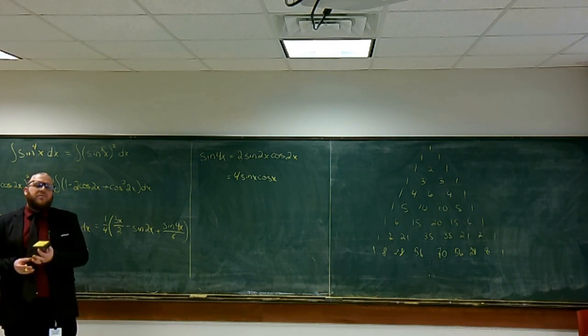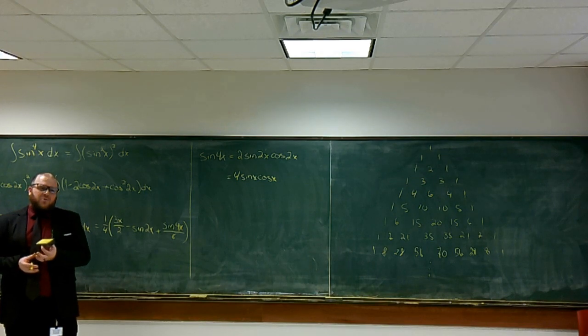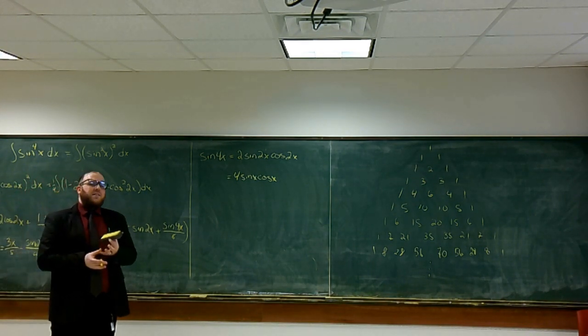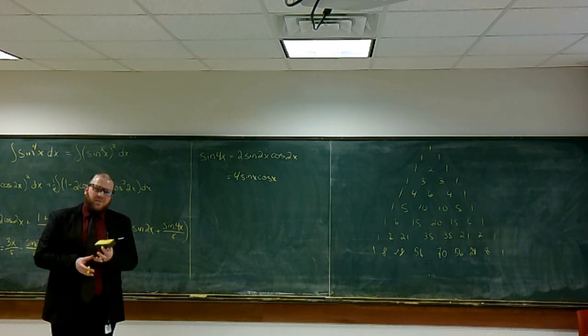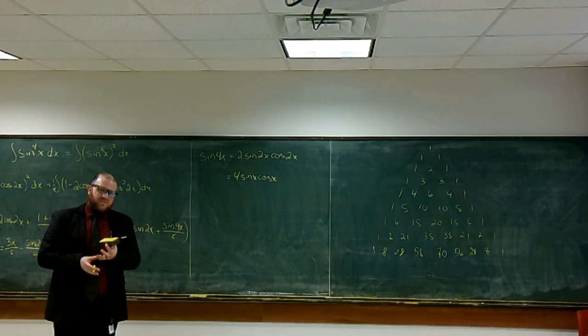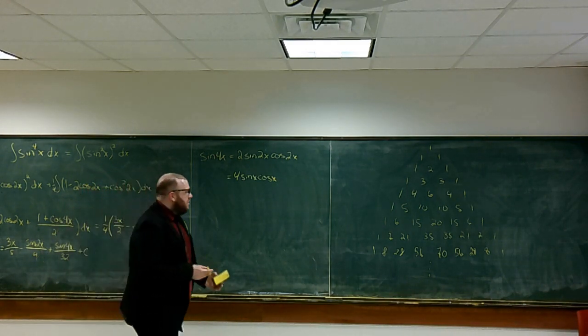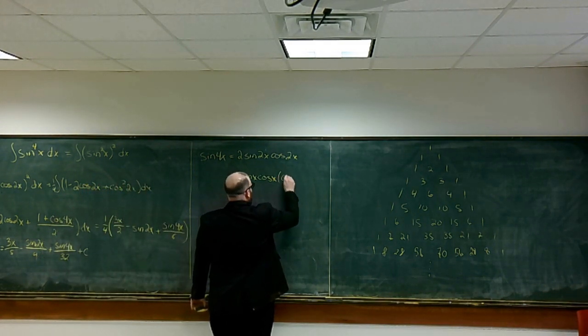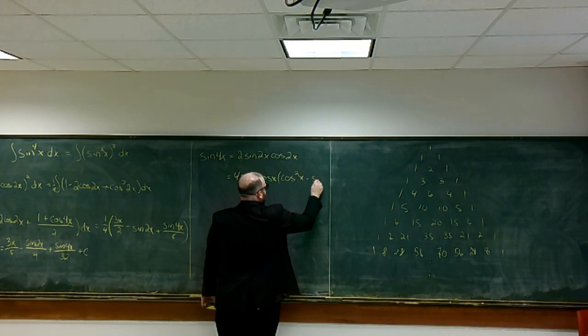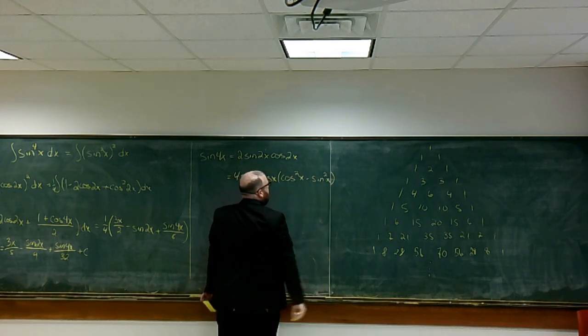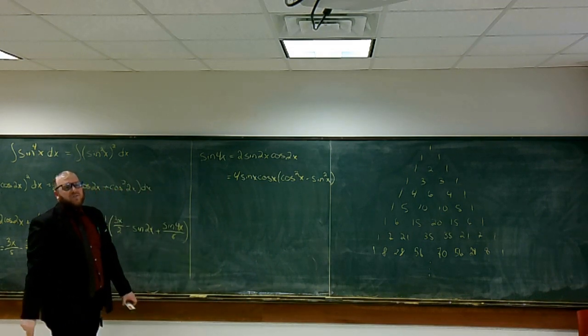There's 3 total. 2 cosine squared minus 1. And then cosine squared minus sine squared, which is the most accepted one, typically the one that we use.